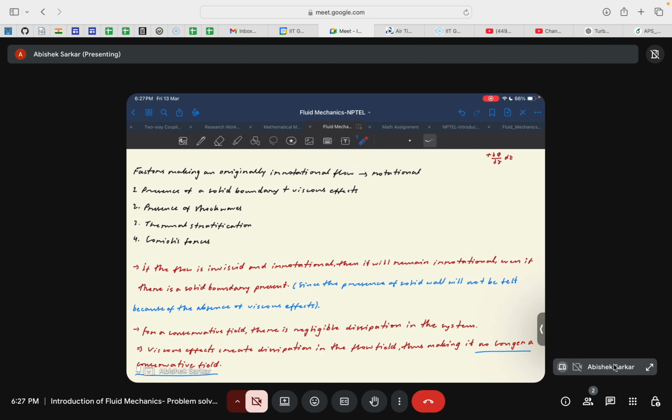Of course it's a very hypothetical scenario, but this statement helps us clarify our concepts, like what are the effects or sources that can generate rotationality in the flow.